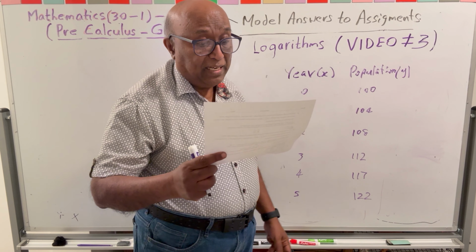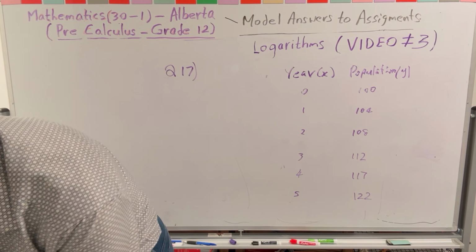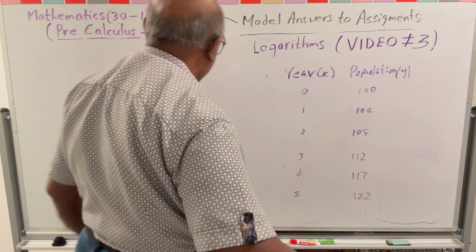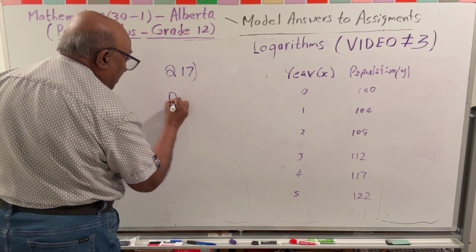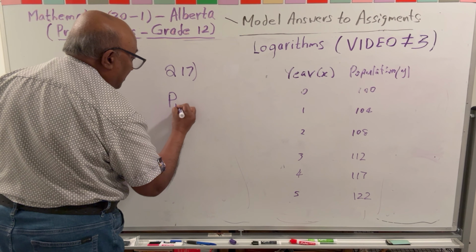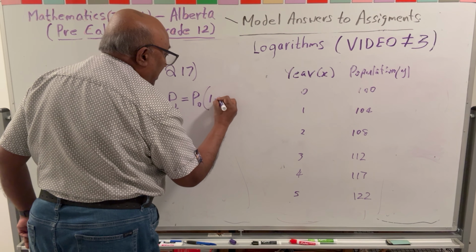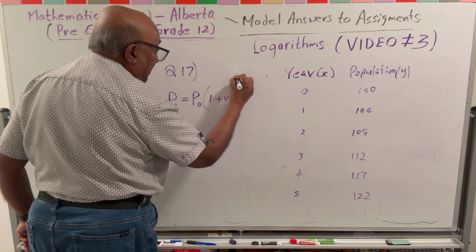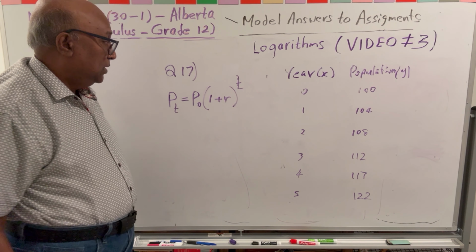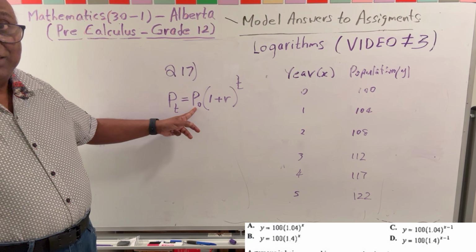We have to develop the relation between Y and X. One way of doing this, you can apply this formula. Population after T years equal initial population times 1 plus R to the power of T. What does this mean?